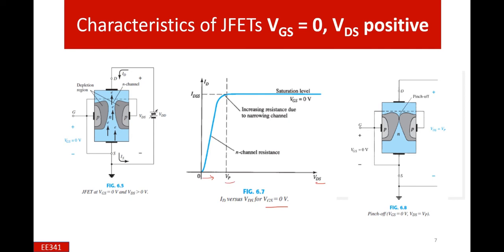After that, if we further increase the value of VDS, the current value is not changing, and this is the maximum value of the current in this existing condition. If we change the condition, definitely the resistance will be changed. So this is the discussion from the last lecture.